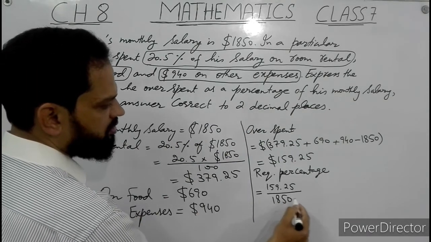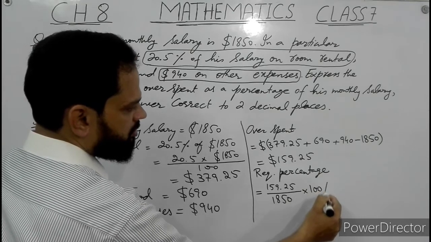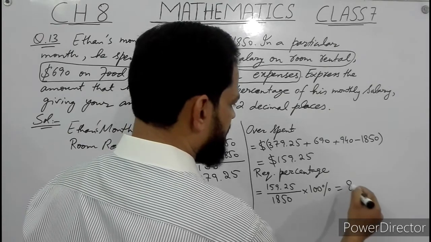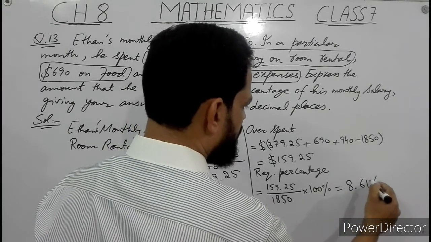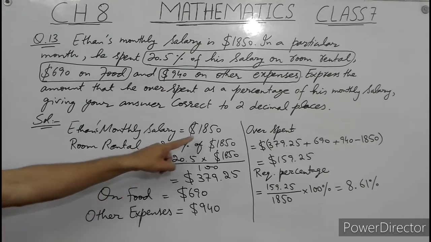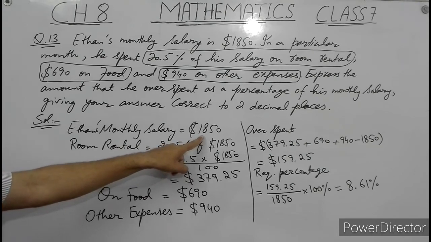Units will be cancelled out, dollar with dollar. Now by using calculator we will get 8.61%, rounding off to 2 decimal places. 8.61% shows that out of every 100 of his salary, he has overspent $8.61.